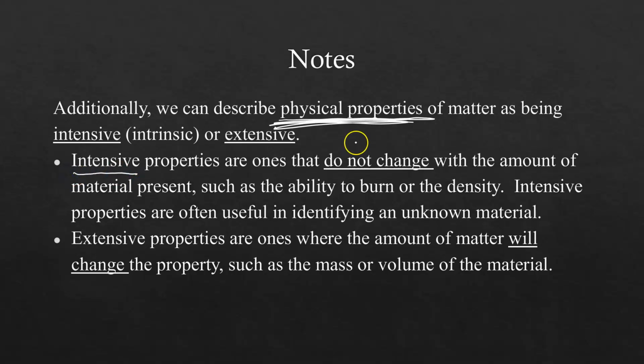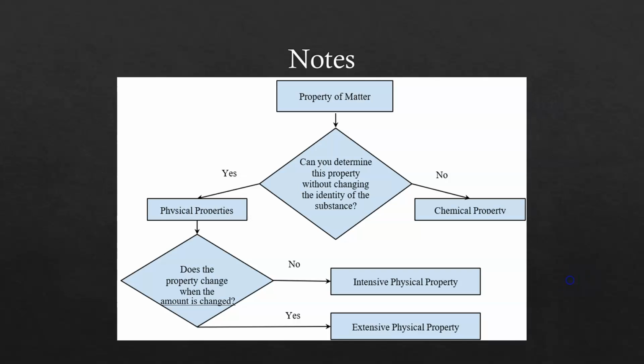Intensive properties are properties that do not change with the amount of material present, such as the ability to burn or density. Intensive properties are often useful in identifying an unknown material. Extensive properties are ones where the amount of matter will change the property, such as the mass or volume of the material.